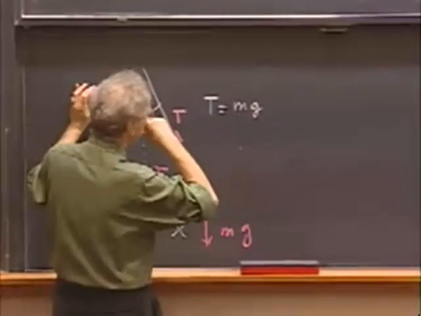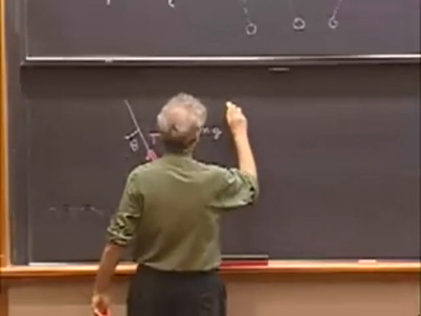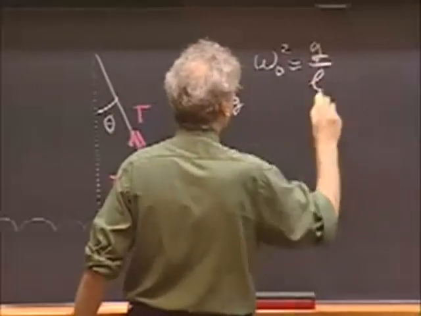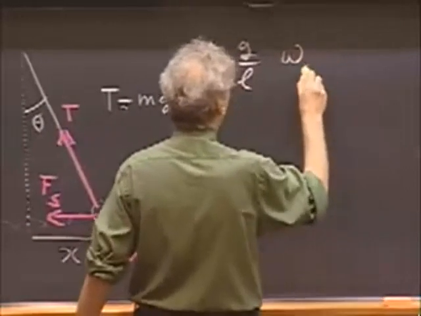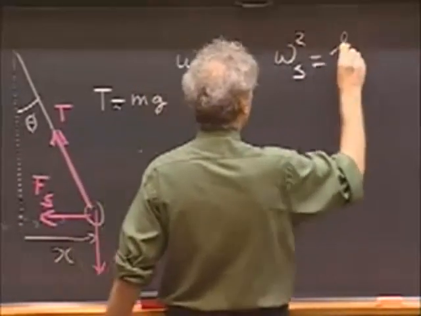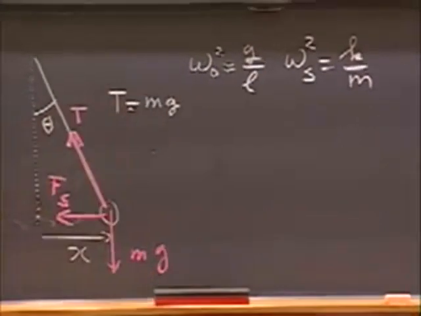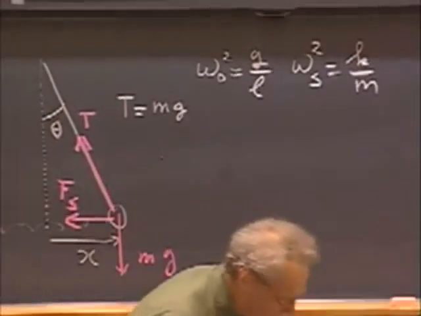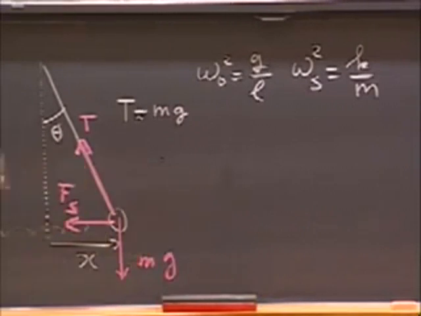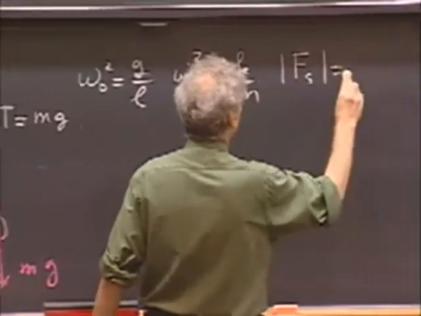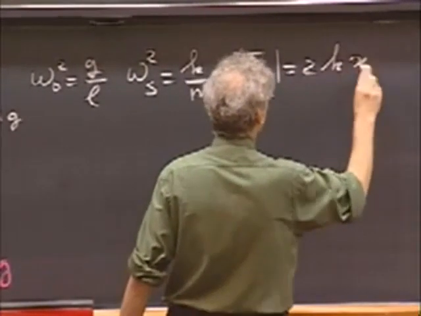I'm going to introduce a shorthand notation. Omega 0 squared is g divided by L. And omega s squared, making reference to the spring, is k over m. And now I have to set up the differential equation. I have to apply Newton's second law. And I remind you that the magnitude of the spring force is 2kx.